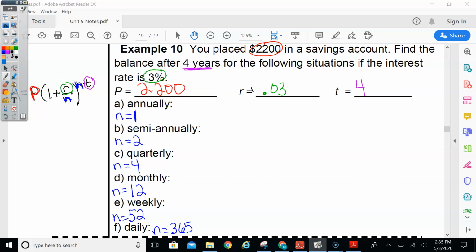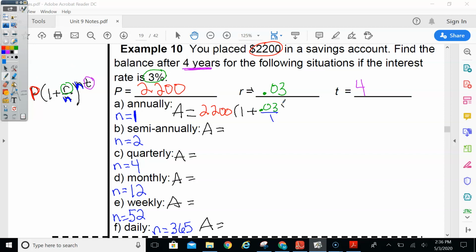We're going to use the formula to find A for all of these. A equals P first, the 2,200, times 1 plus R, which is 0.03, so 1.03, divided by n, which for annually is 1 time.